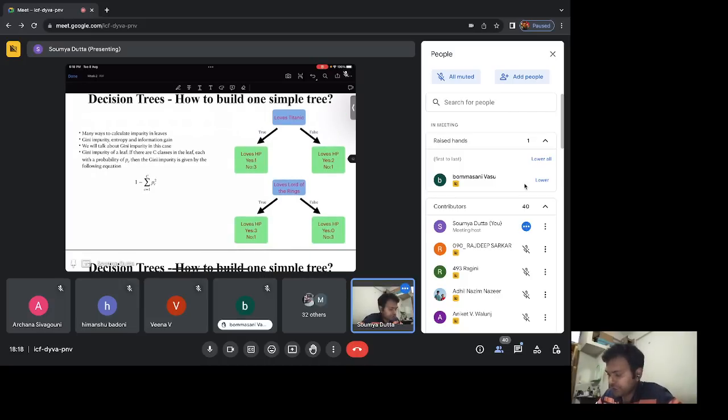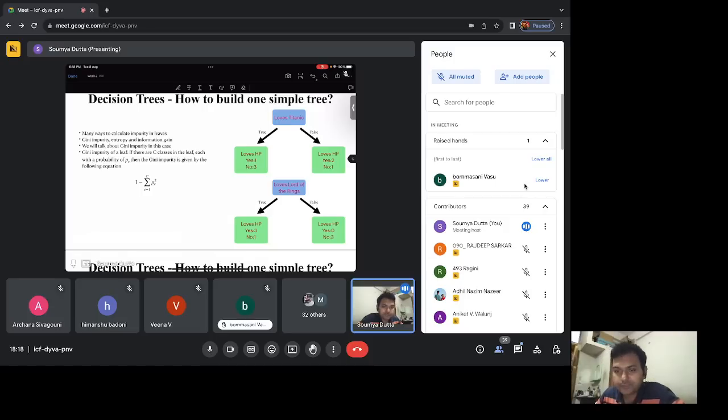So now we have created 2 splits. You have created 2 splits based on loves Titanic and loves Lord of the Rings, and now you want to see which one is better. Of course in the lecture, entropy was shown as the method by which you select which one you would split on.